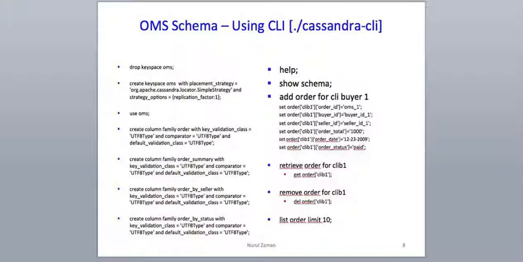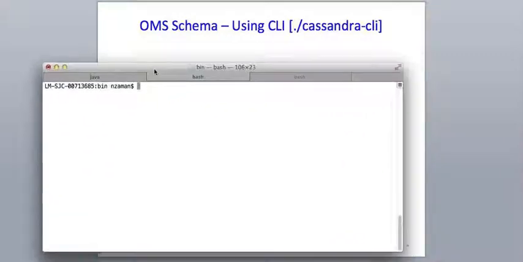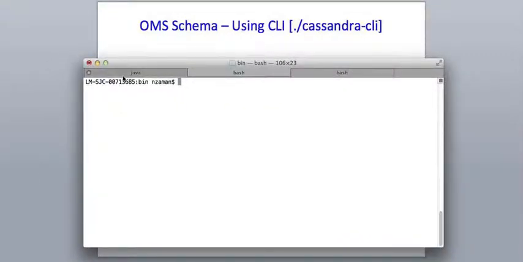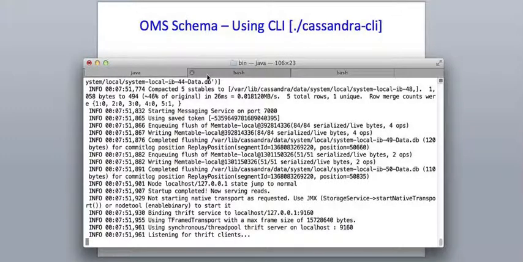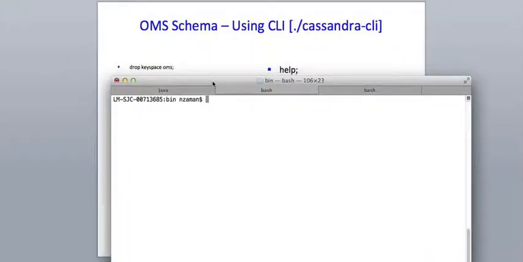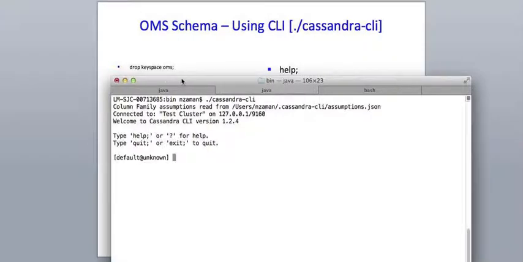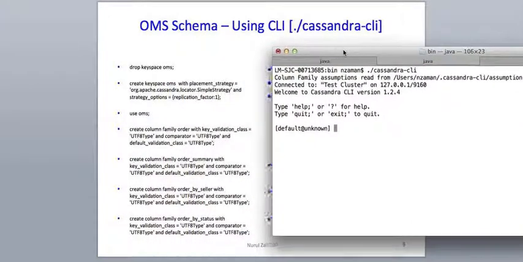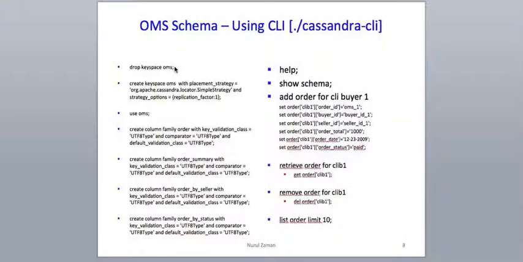So let's grab the same window shell again. And here we can see it's still running the Cassandra database. And we'll switch to Cassandra shell. Now I'll just try to copy and paste all the commands from here.